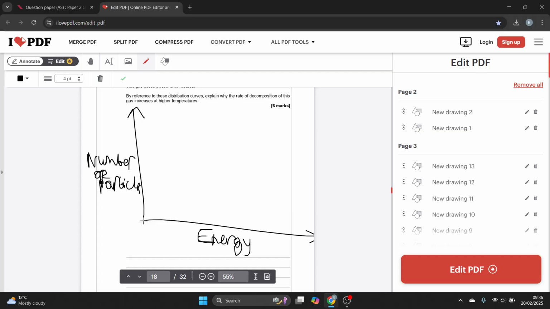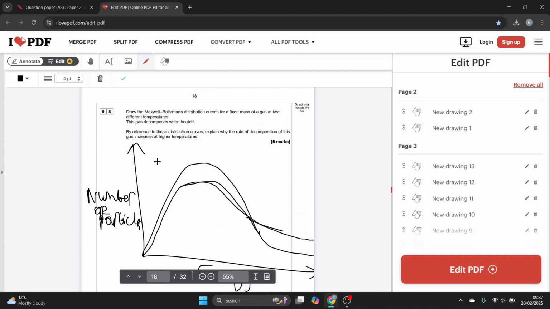Then you've got your normal shape. Obviously not a great sketch, but you get the point.